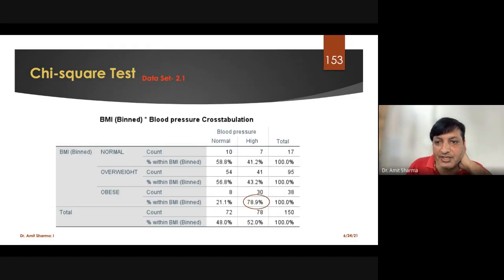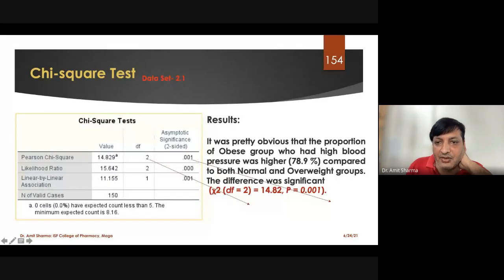What we are writing, you can see, it was pretty obvious that the proportion of the obese group, we are discussing BMI, who had high blood pressure was higher, 78.9%, as compared to the normal and overweight groups.